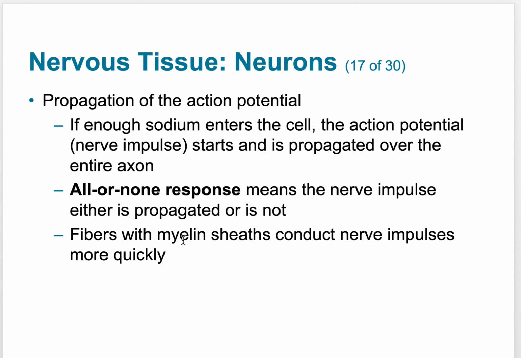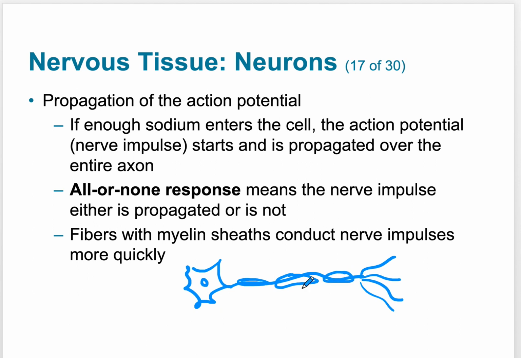Fibers within the myelin sheaths conduct nerve impulses more quickly. Do you remember we talked about nerves? Here's the cell body, here's the nucleus, here's the axon terminal, and then we had these myelin sheaths, these Schwann cells, okay? They're kind of fatty layers, and they help to insulate.